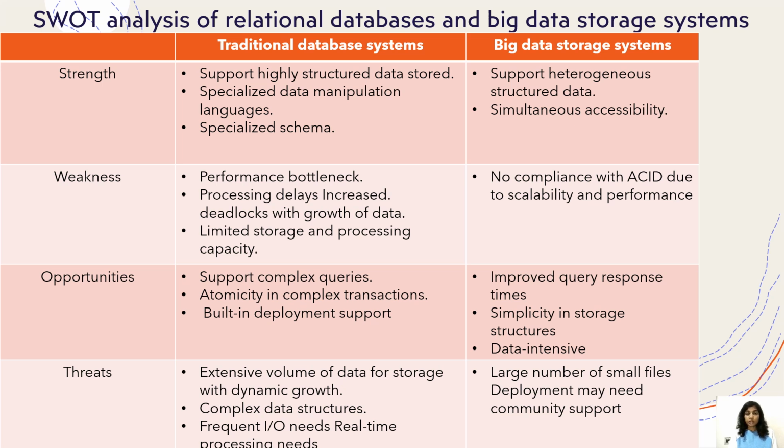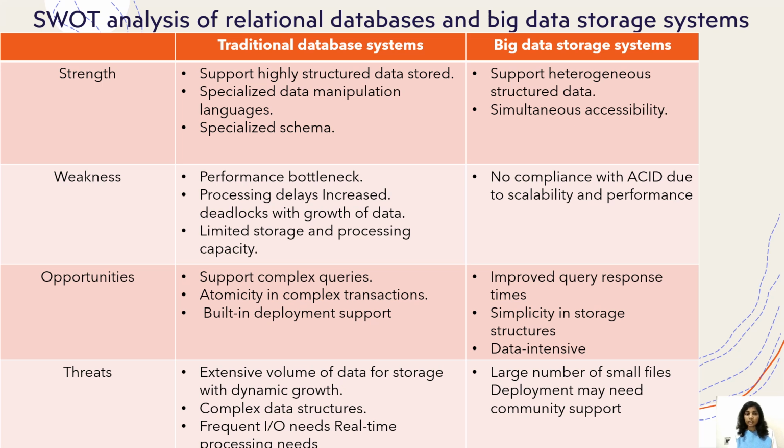Then a specialized schema is also possible in traditional database systems, whereas in big data storage systems, heterogeneous structured data support is available and simultaneous accessibility, that is, accessing can be done at a time by different sources or in different ways.